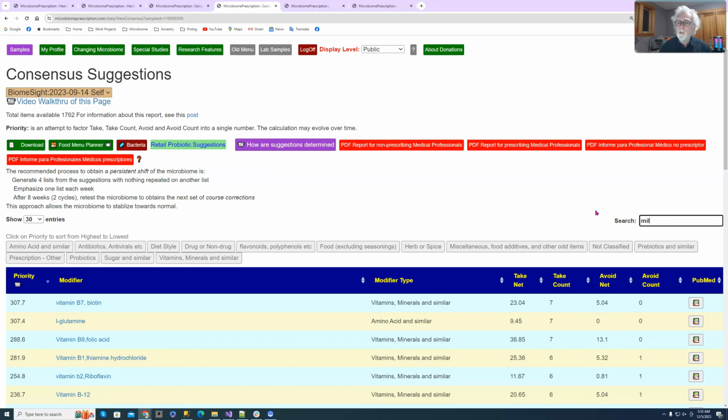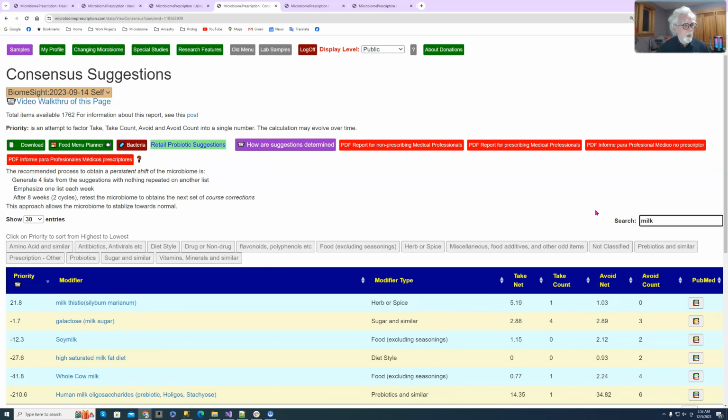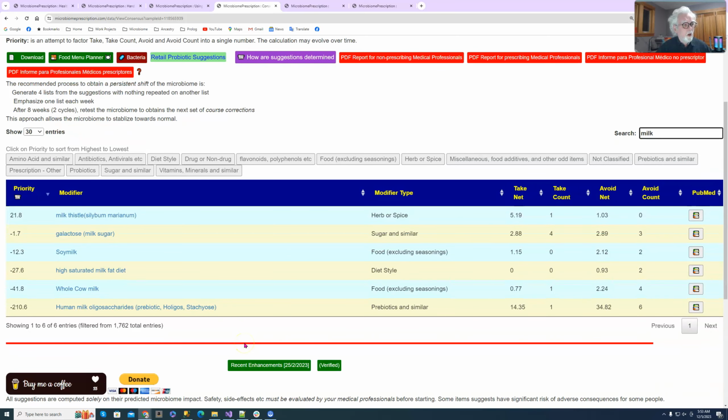Another question she had was about milk, and we find that generally milk, cow milk, saturated milk fat, sort of things, generally milk sugar, all of these are there. Only one would have shown up on the PDF because of its value being high enough. All the other ones are minor excludes, and over here you can see the combination.